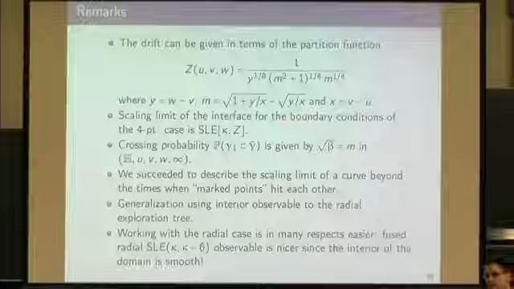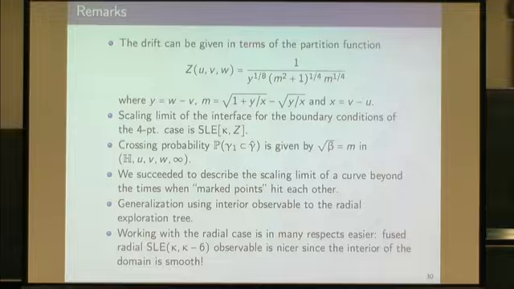A combination of these two facts then gives you the convergence. So you have some scaling limit of your tree, and some scaling limit of your finite trees, and then you know that these limits are close to each other. So this gives the convergence of the exploration tree.